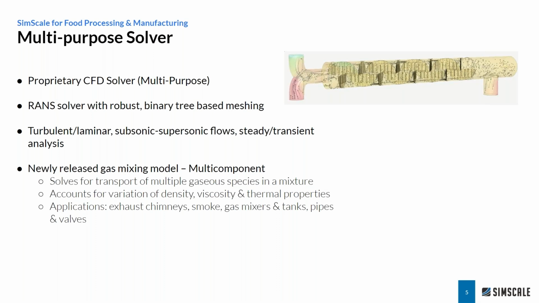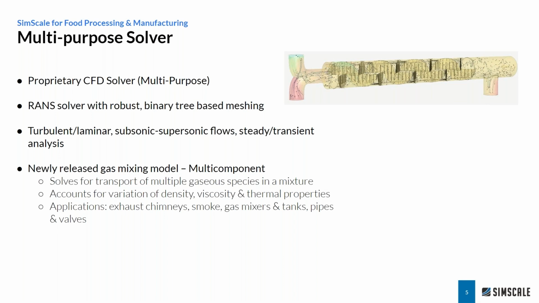A quick brief here about the multipurpose solver itself. It's a proprietary technology which is based on a finite volume RANS solver backed by an automated, robust binary tree meshing. We'll also take a look at how one can go about setting up a simulation in this solver.